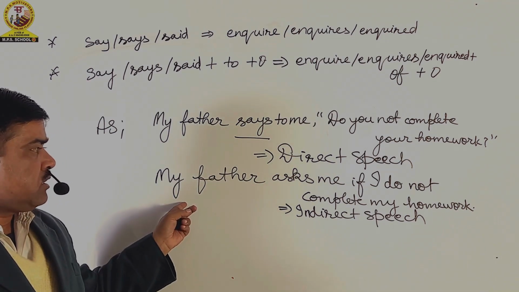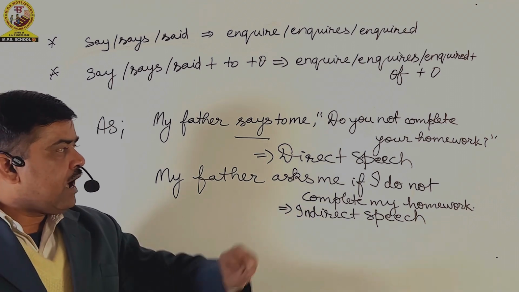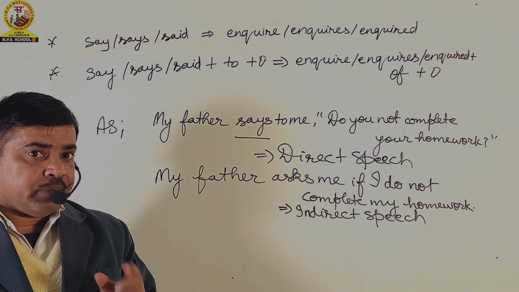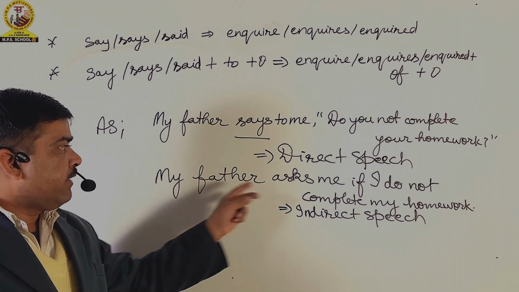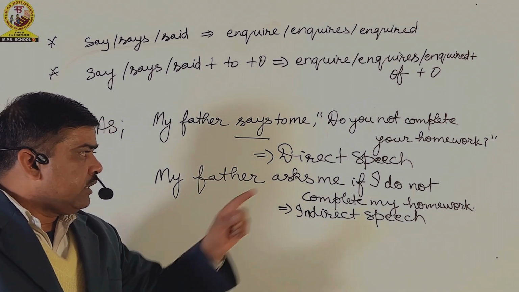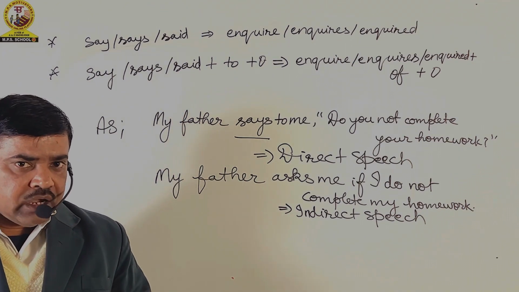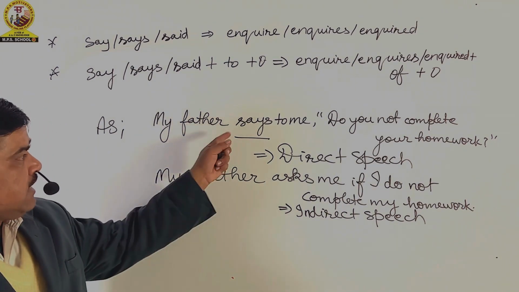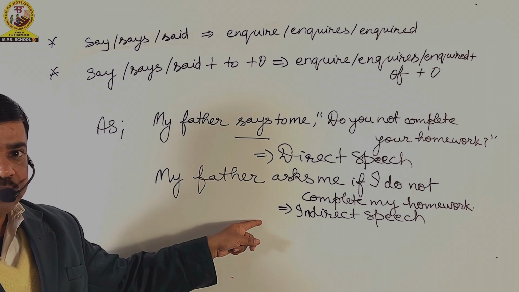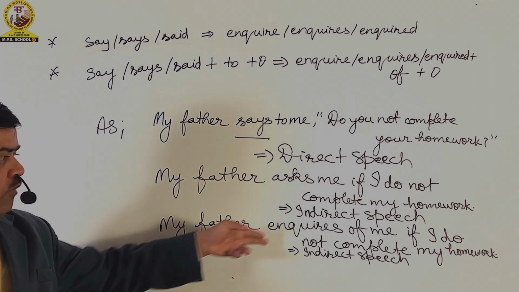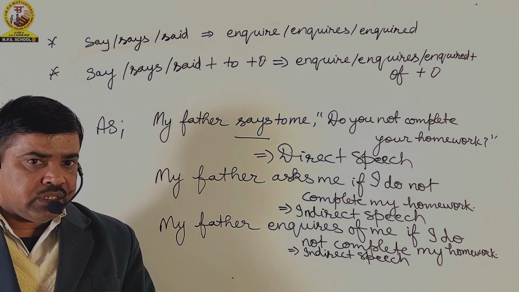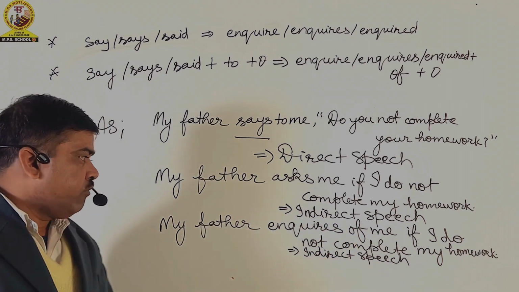The first way is this: my father asks me if I don't complete my homework. And the other way of transforming the same sentence into indirect speech is my father inquires of me if I do not complete my homework.